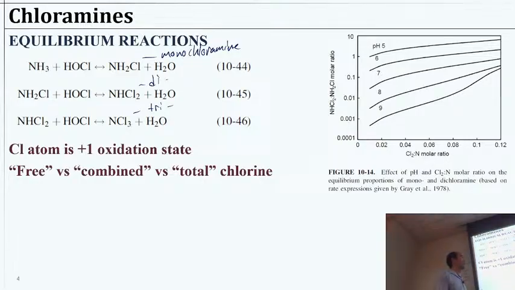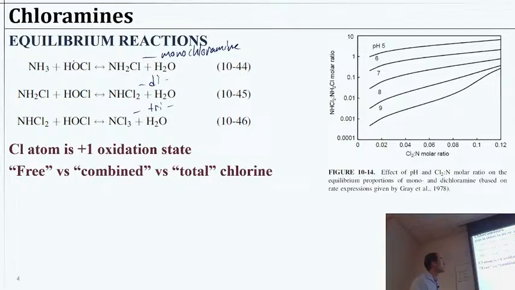Eventually, we will oxidize. If we keep adding free chlorine, we will ultimately oxidize even the mono, di, and trichloramines further and get us to things like nitrate. And then at that point, if we add more chlorine, we're getting free chlorine only because we've gotten rid of the ammonia.